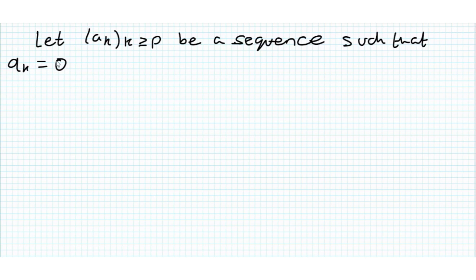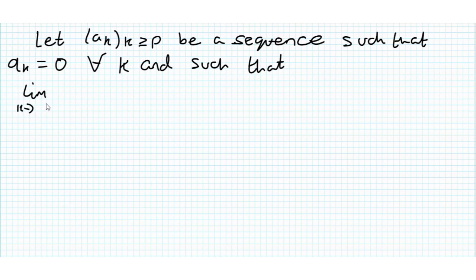That makes sense. We're using a ratio here, so if any a_k is equal to 0, that messes up the test because you can't divide by 0, for all k, and such that the limit as k tends to infinity of the modulus of a_(k+1) over a_k is equal to L.